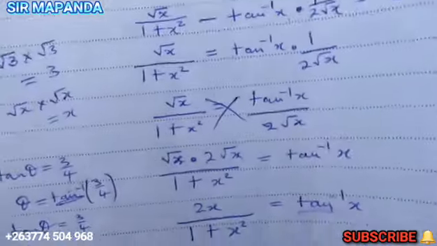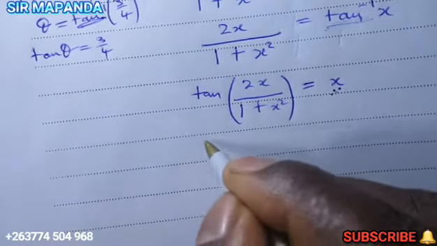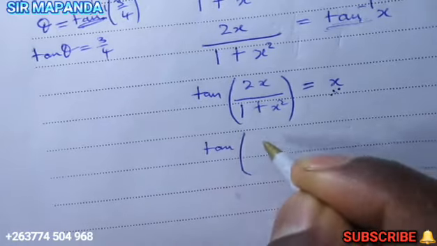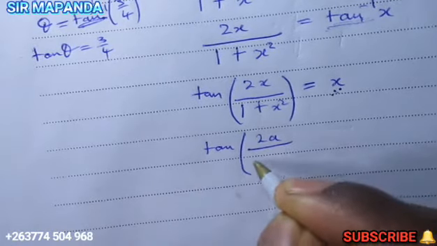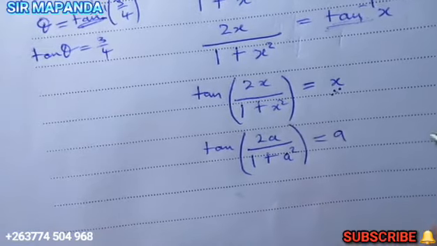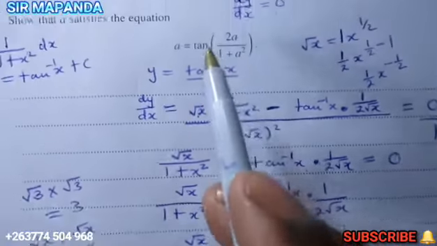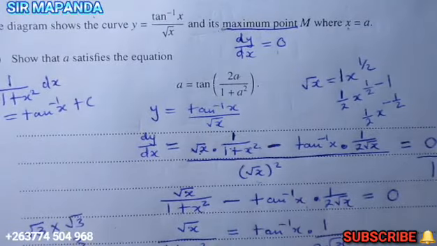So every letter x I'm going to put a. Therefore, my final answer becomes tan, open bracket, 2a over 1 plus a squared is equal to a. Then you have managed to show this requirement. I hope you are listening. So I want you to stay tuned as we move on to part B.